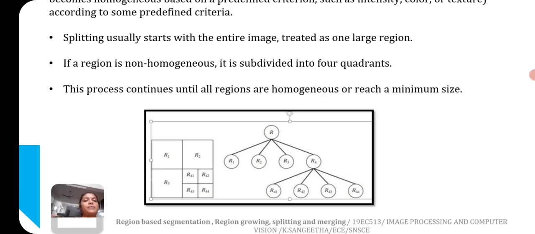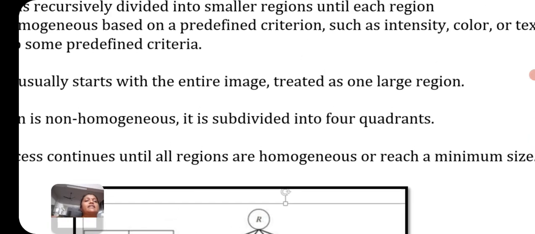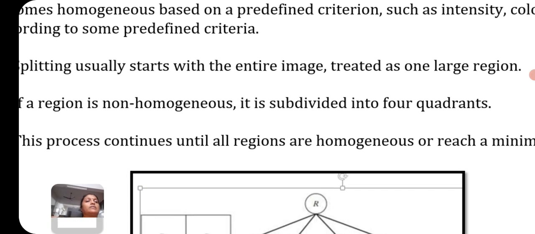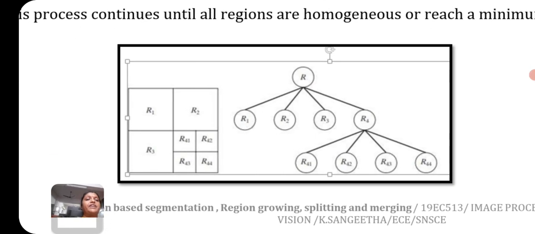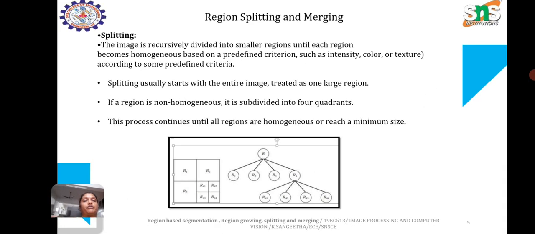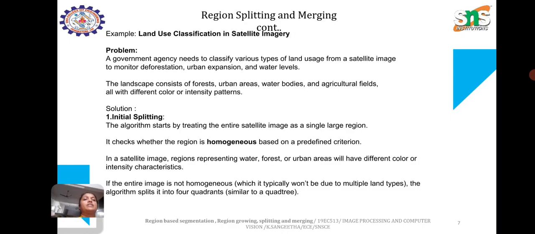So the total image is divided into 4 quadrants, that is R1, R2, R3, and again we are taking the region R4, and again it is considered as an entire large region, and it is again subdivided into A1, A2, A3, A4. So merging, after this splitting process, adjacent regions that are similar are merged to form larger regions.